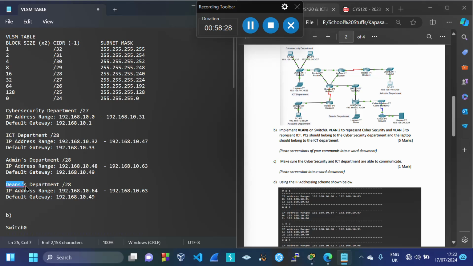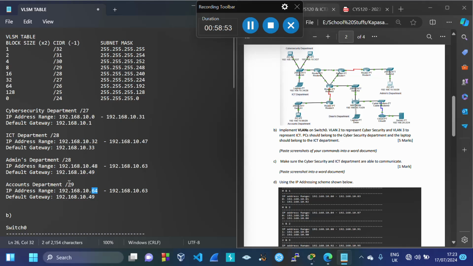So the accounts department is a /29. Here we ended at 63, so we are starting at 64.